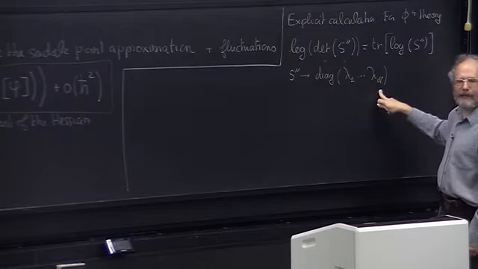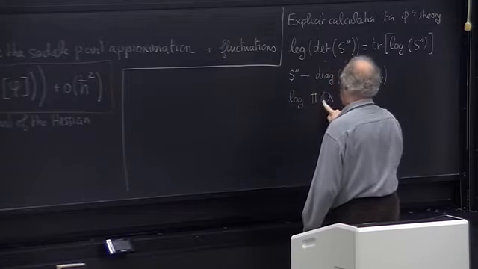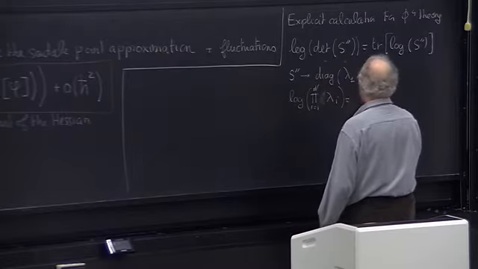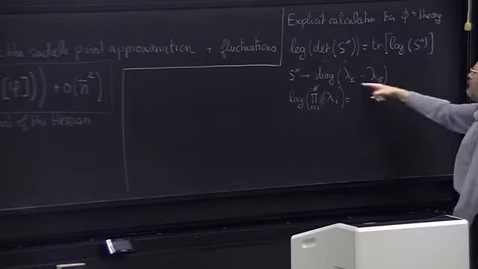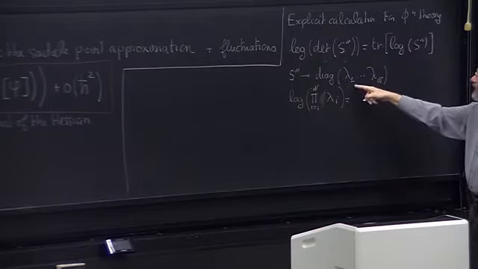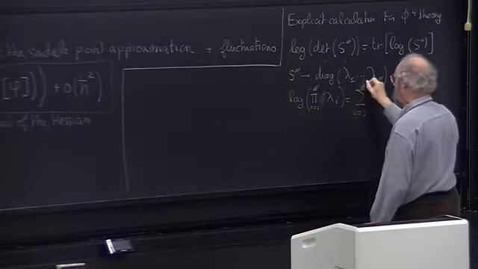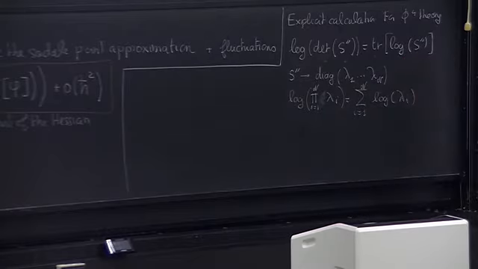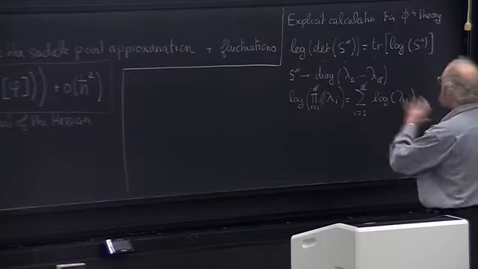So this formula amounts to just stating that the log of the product of the lambda i, from i equal 1 to n, is just the trace of the log. So the log of a diagonal matrix is a diagonal matrix whose matrix elements are the logs of the lambdas. So this is just the sum over i to n of the log of lambda i. So this statement just means that the log of a product is the sum of the logs. Okay. So what does this give for this?